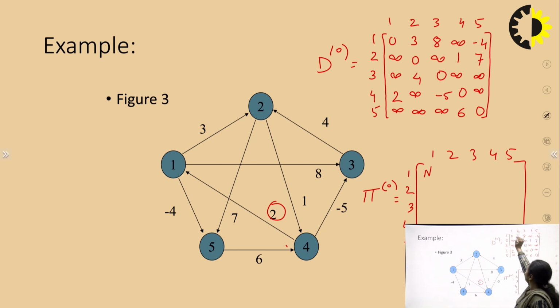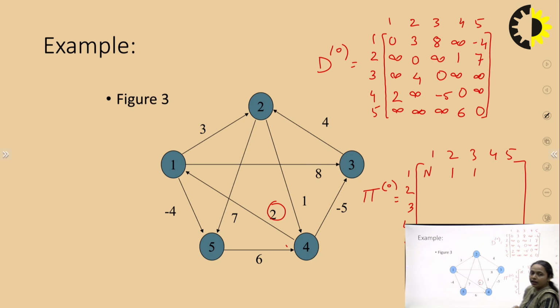Next from 1 to 2. What cost have we written? We have written 3. So we have reached 2, and what is the predecessor node of 2? It is 1. So we will write 1 here. Now for 3 we have written 8. So we are reaching 3 by paying 8 from 1. So we will write 1 here.